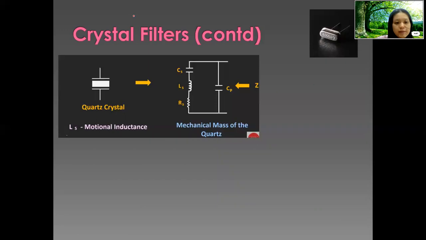This is the crystal. When voltage is applied, it will cause the impedance here and the mechanical mass of the crystal. From here, we have the frequency from the capacitor with the L, which generates the series resonant frequency.